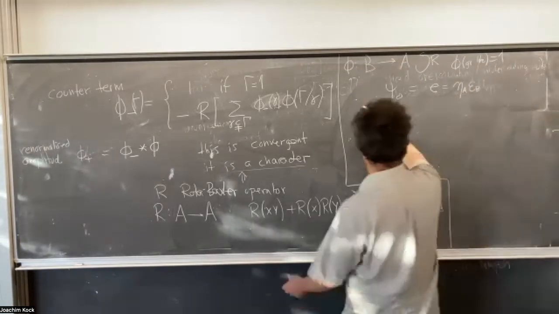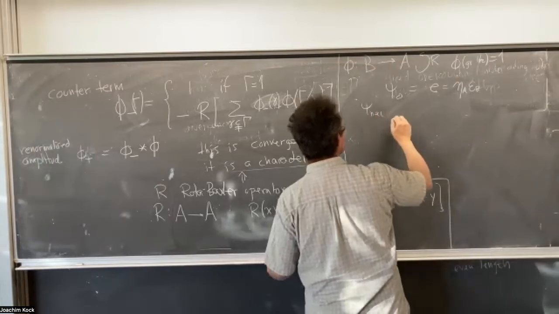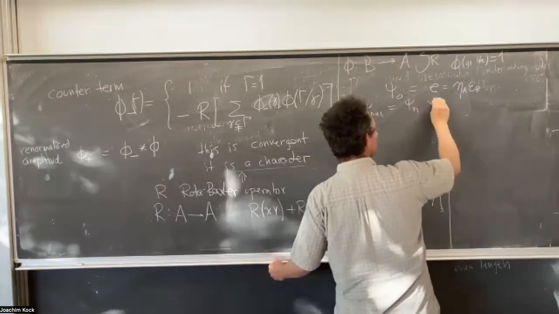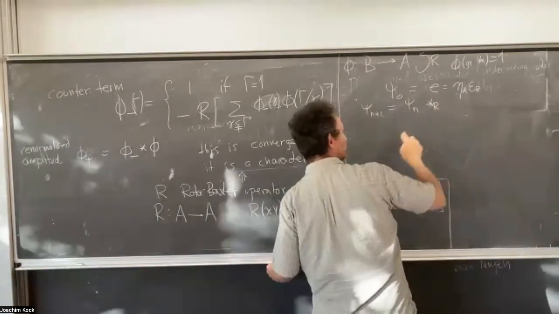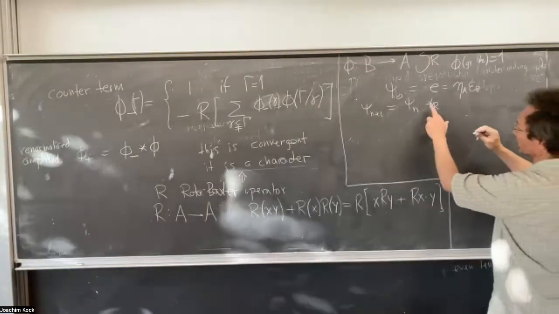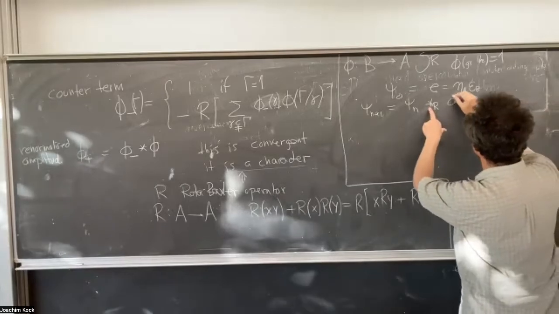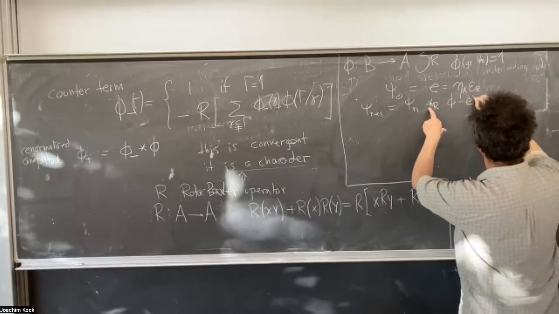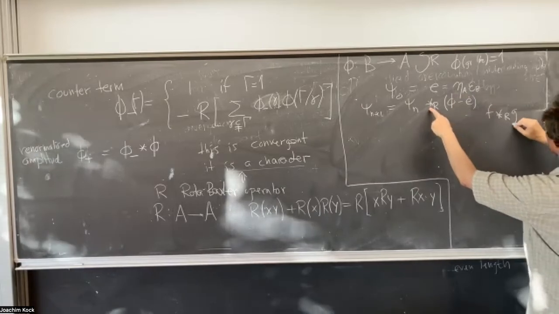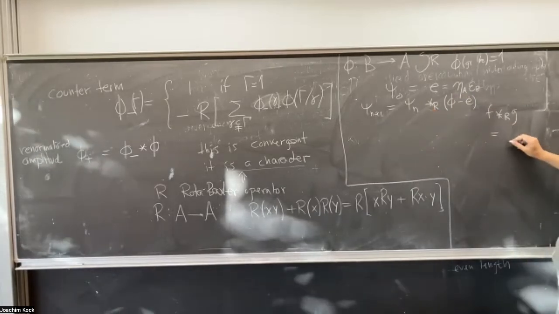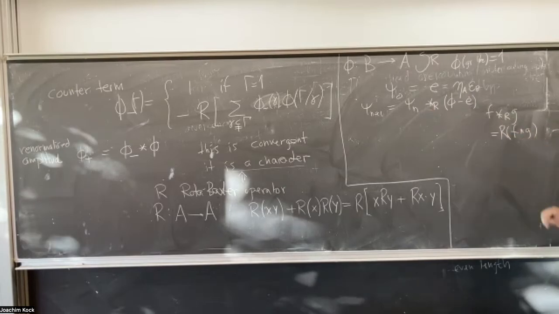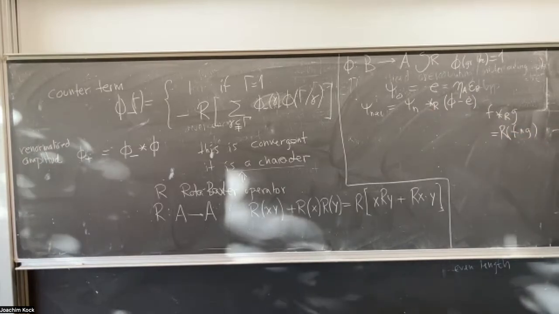Okay, and now we do the same thing as before. Take this one, but now we put in this Rota-Baxter operator in the convolution. So this should be now phi minus E. And here, the definition of this one is just the usual convolution, but then you apply the Rota-Baxter operator.